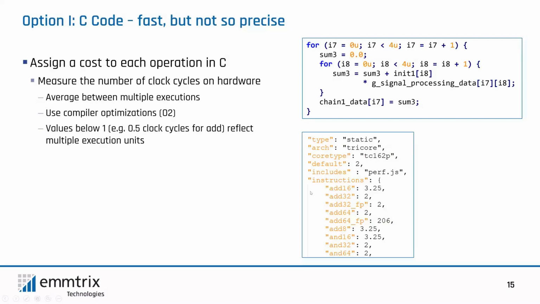So how do we get these values? These values were measured on the hardware. We run a special program that executes a lot of these simple instructions in a specific way so that we can get an average value of how long it takes to perform this kind of operation. We do this with compiler optimization O2.